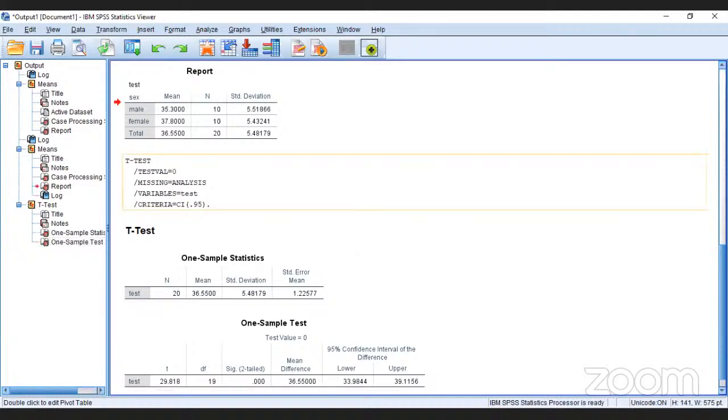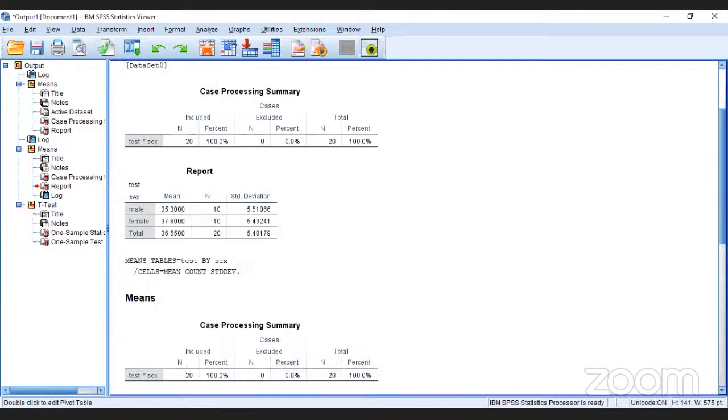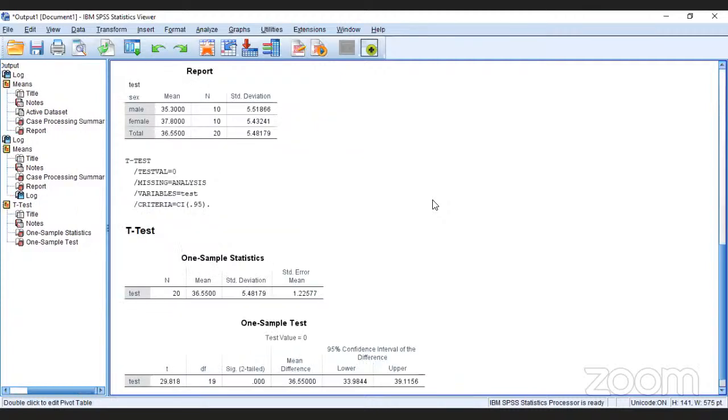Yes, the one sample t-test, but the difference that comes here is of the sample mean from the population mean. It is not between male and female.